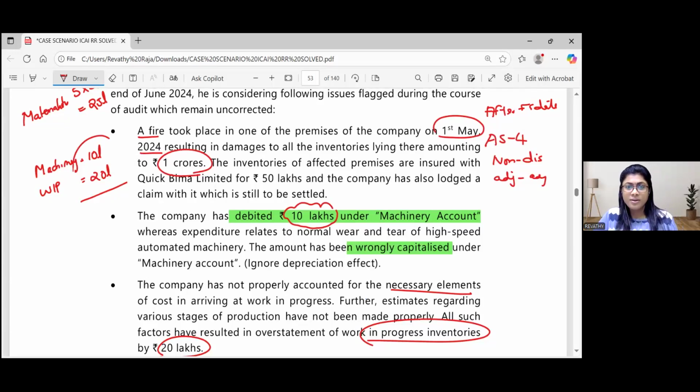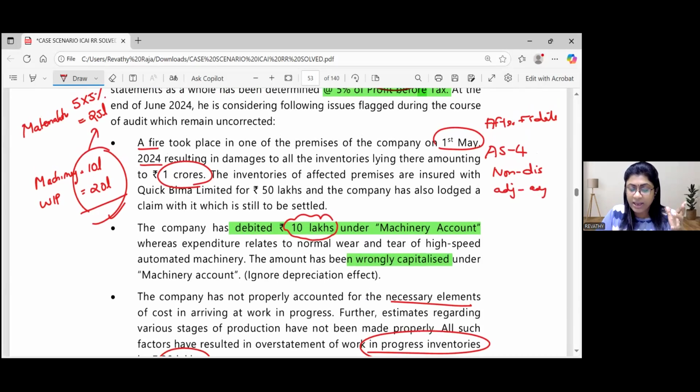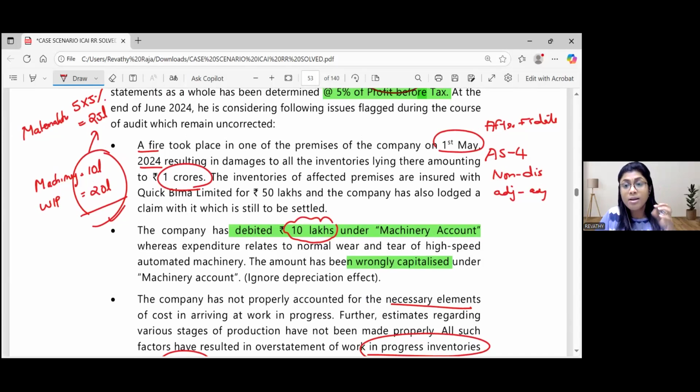Tell me. So here, even though individually it is less than 25 lakh, in aggregate it exceeds. Performance materiality. So which standard came to your mind? SA 320. So do I need to be concerned or not? Answer is yes.